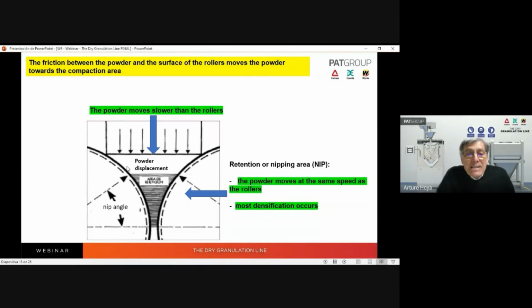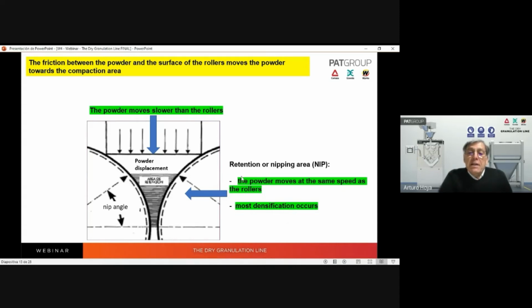In this area the powder begins to densify, and in the gap, the minimum gap, will occur the most densification and consolidation of the briquettes or sheets.